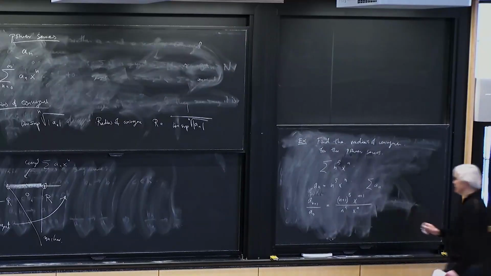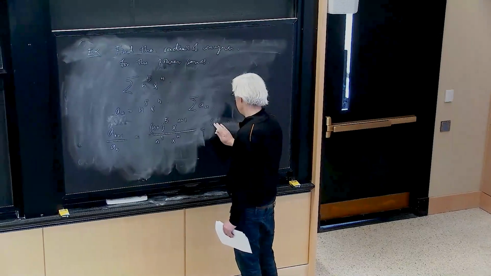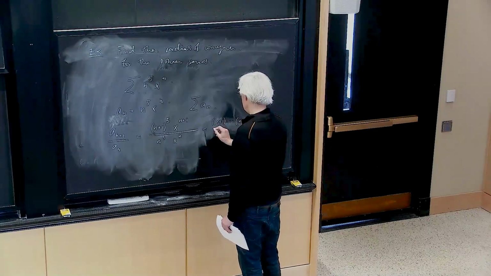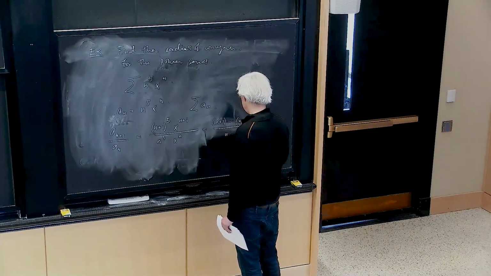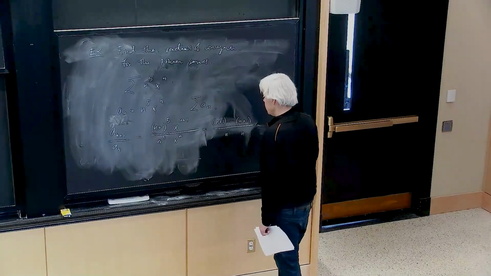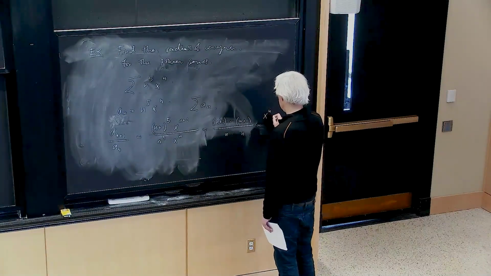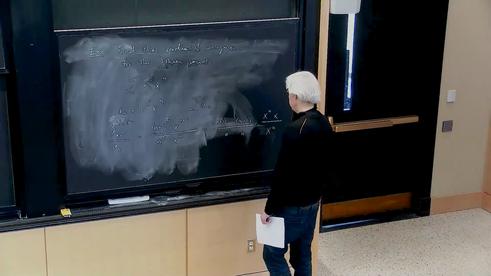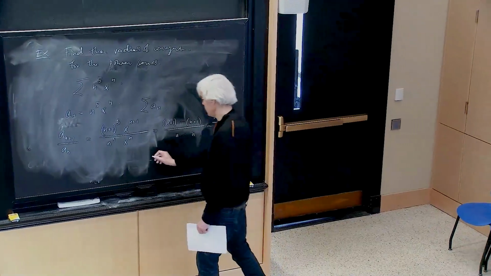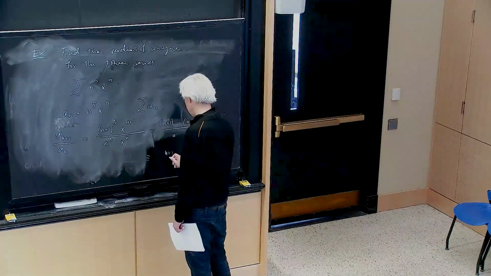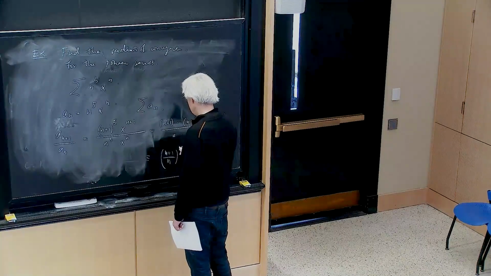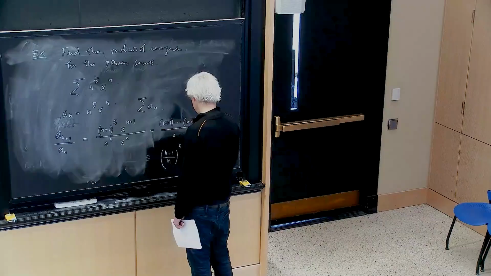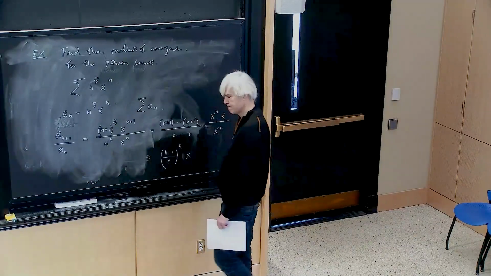Of course, you can write this as n+1 over n, to the 5th power, and then x to the n times x over x to the n, so it becomes x.